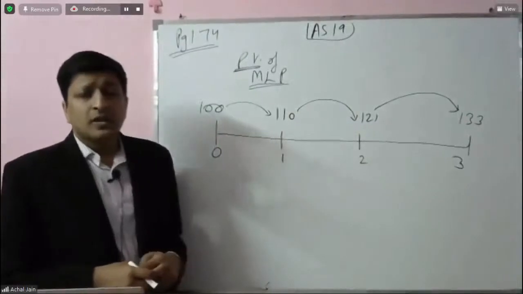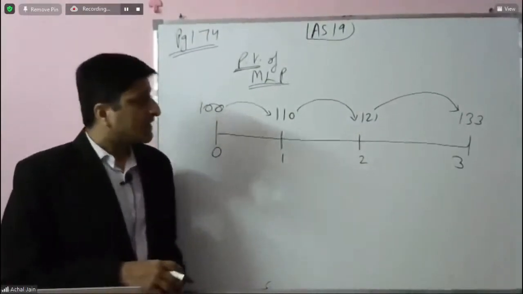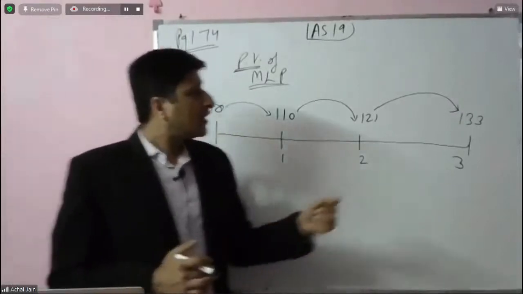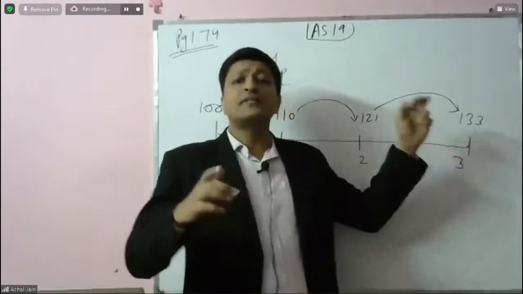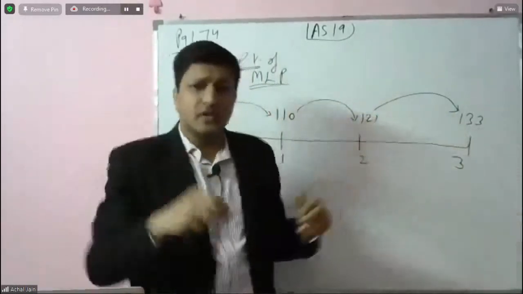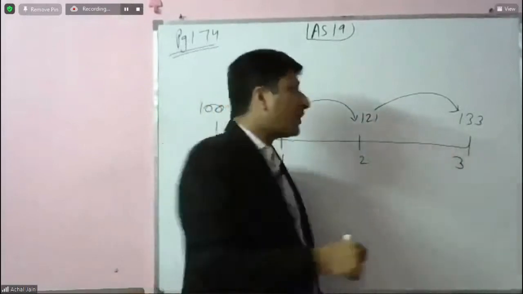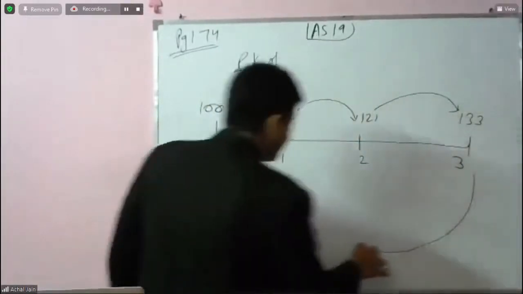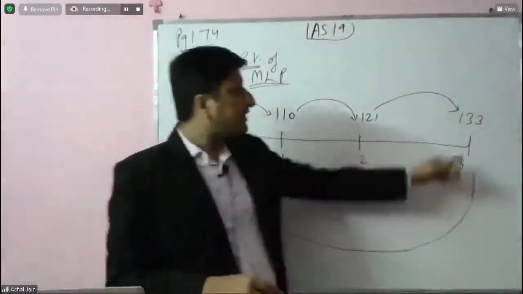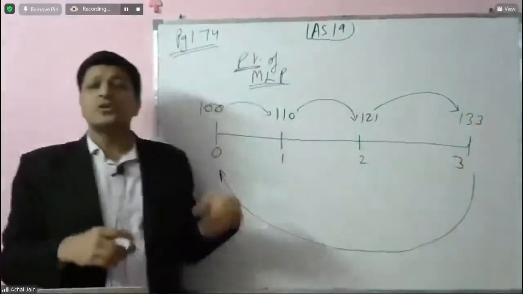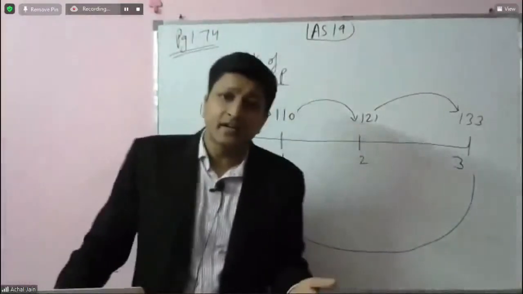So, if I have to look at it in a reverse manner, if I say that an amount of 133 after the end of third year is equivalent to what amount today? So what is the equivalent value of 133 as of today? So what does it indicate?